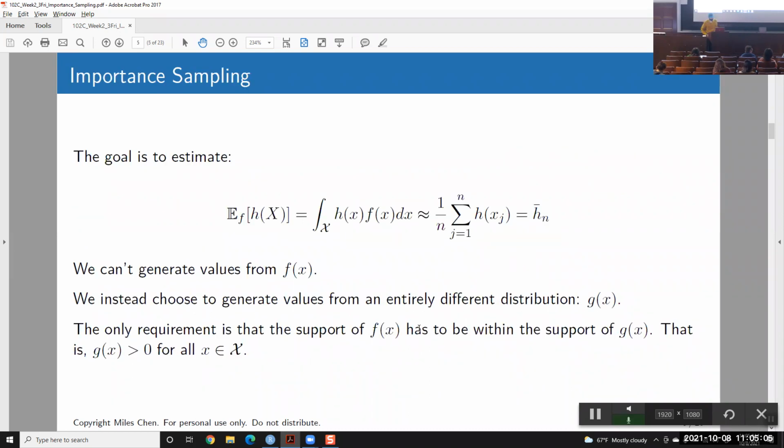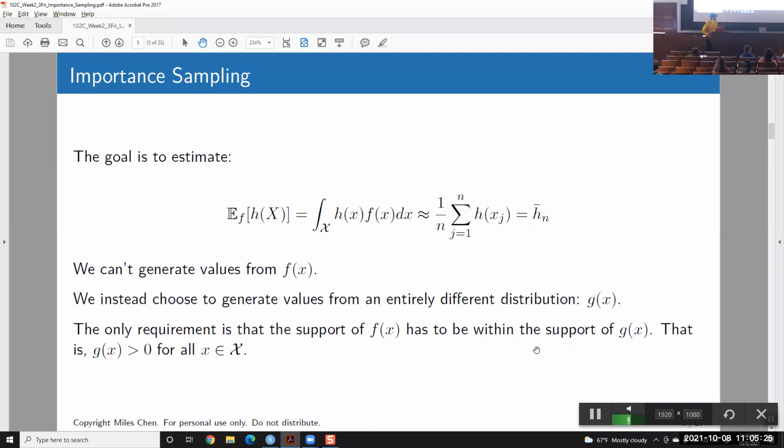So today, instead of sampling from f, I'm just going to pick an entirely different distribution g. So f might have one shape, and we're going to sample from a different distribution.